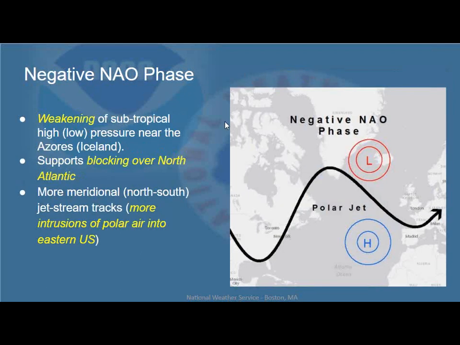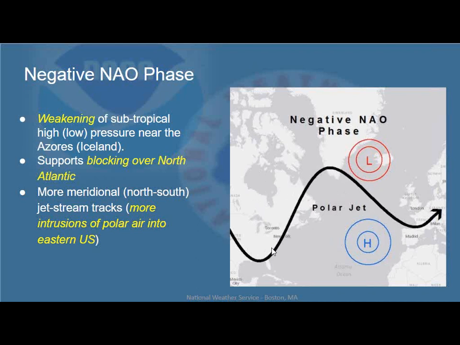And moving on to the negative NAO phase, in this case, the subpolar low pressure is relatively stronger because the subtropical high pressure near Azores is weaker. And when this happens, you favor a blocking over the North Atlantic. And some of you may have heard the term Greenland block. So when you have a block downstream of New England, storms tend to move out slower.